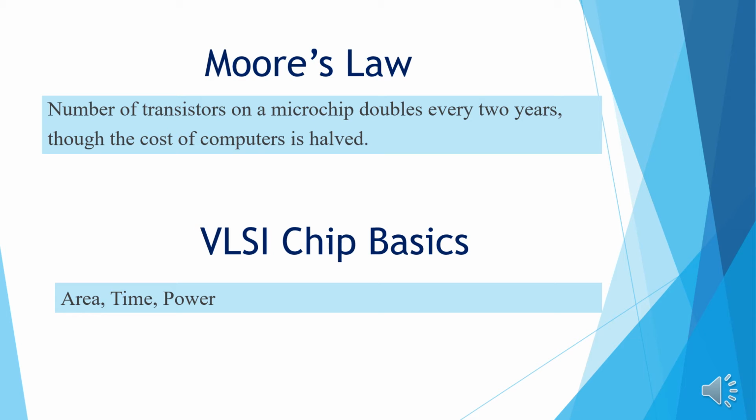In VLSI or in chip design, the basic parameters are area, time or speed, and power consumption. With advances in semiconductor industries, chip size should decrease, power consumption should decrease, and speed of performance must be improved.